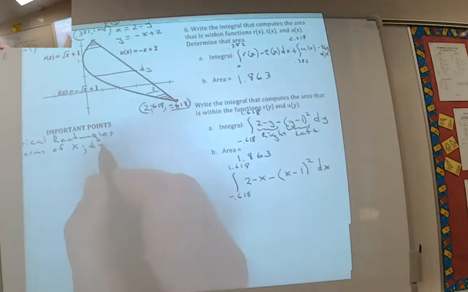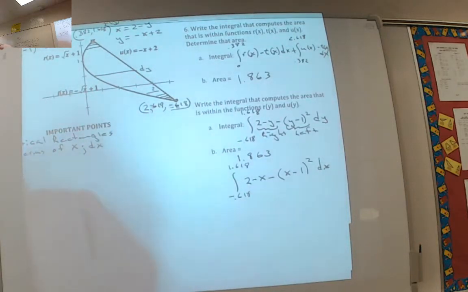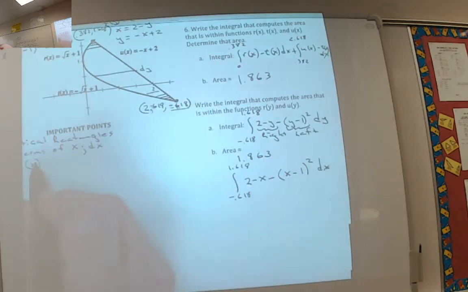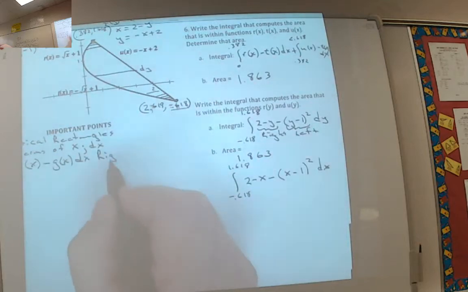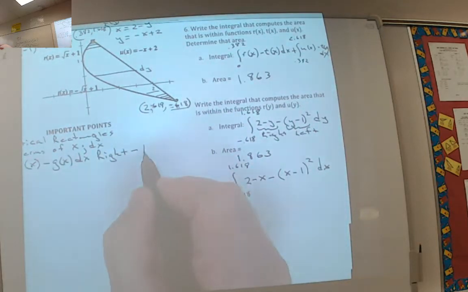It's dx thick. Your integral will be from a to b of f of x minus g of x dx, which is right minus left.